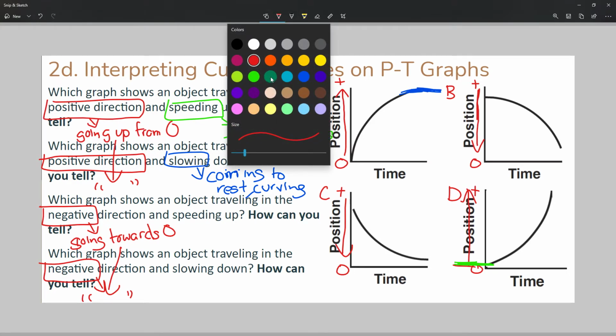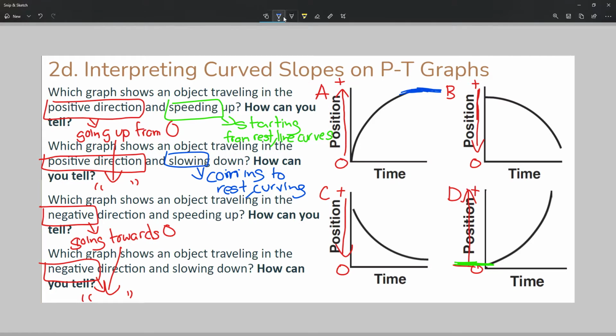And let's do 3. Which one of those shows you speeding up? Well, B is going to show you speeding up because you are starting from rest. You see that horizontal line there. You're starting from rest.